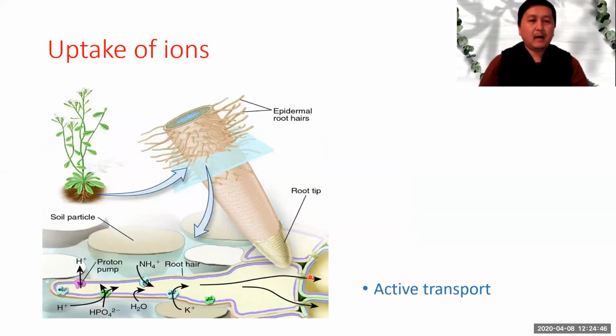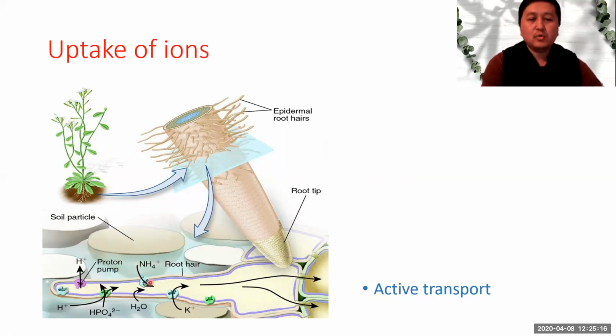And how do plants take ions from soil? Now, look at here. Here's the plant root hair cells, and inside the plant cells, there's a high amount of ions, and there's less ion in soil, but plants need these ions and minerals.